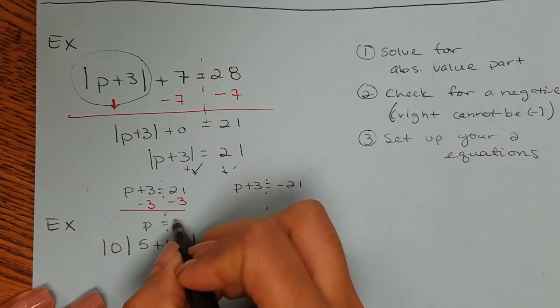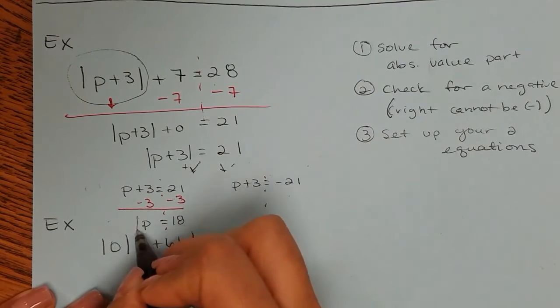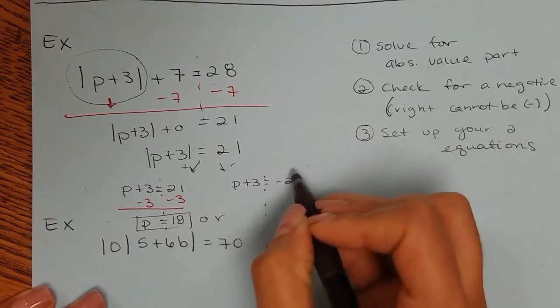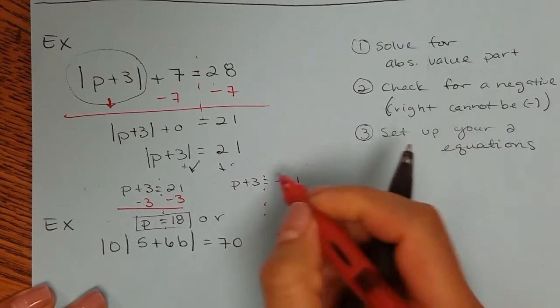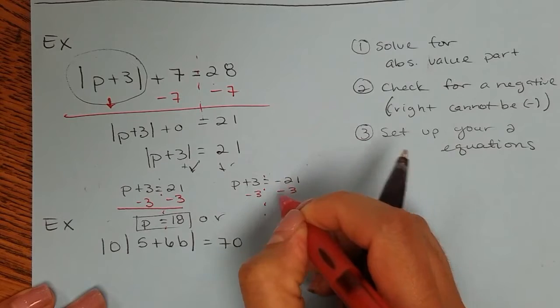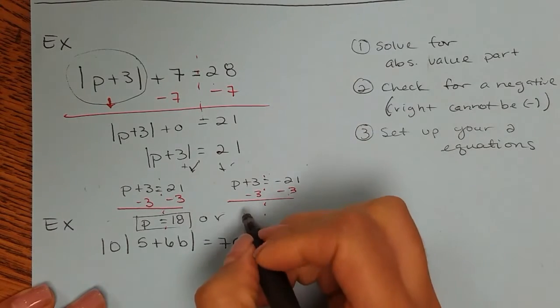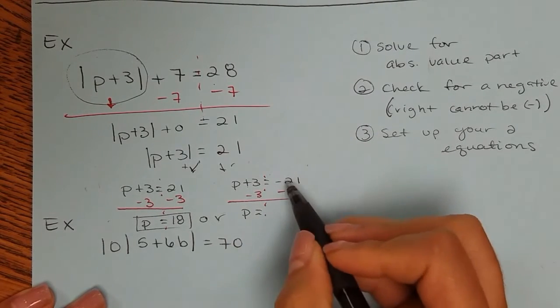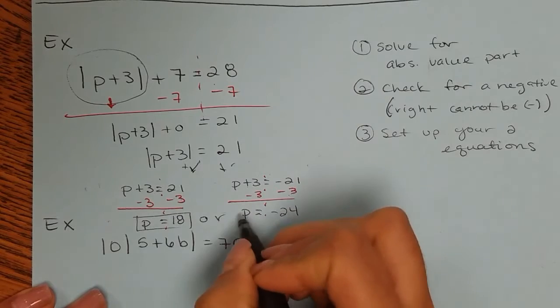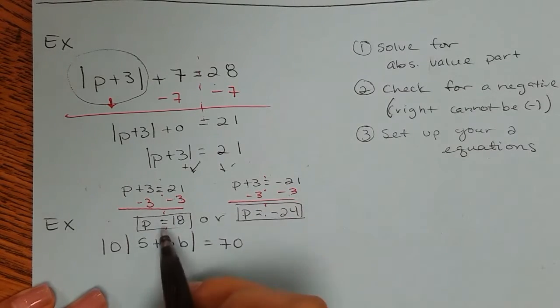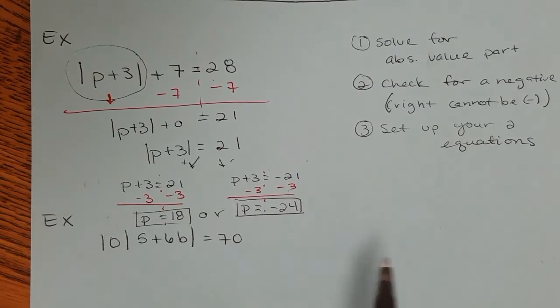P is equal to 18. Or p is equal to whatever it is over here. So minus 3, minus 3. P is equal to negative 24. Okay, so two answers there.